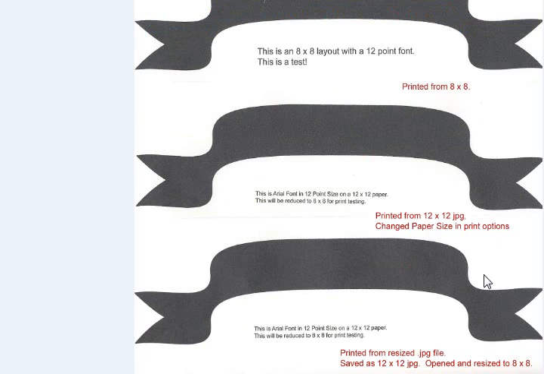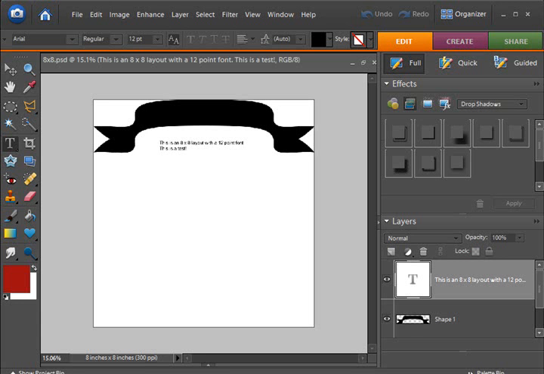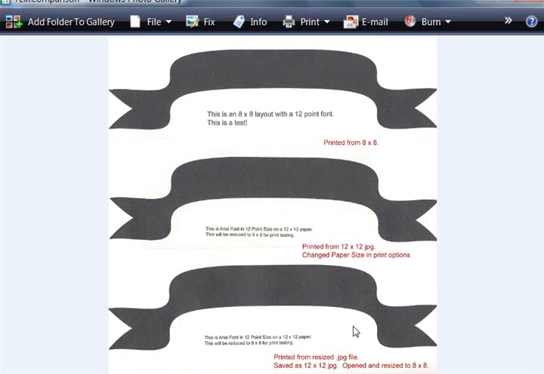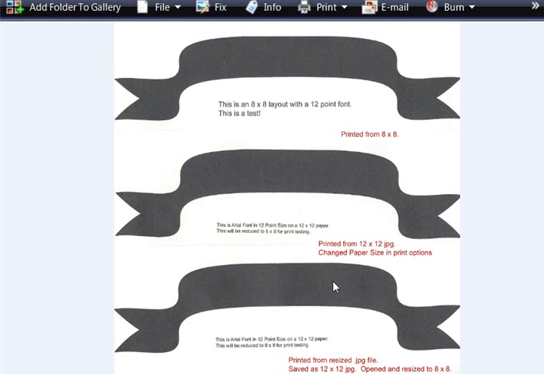So I'm not resizing the PSD files as we were doing when I was showing you here in Elements. I resized the actual JPEG file down to 8x8 and printed it out, and you can see it's the same size, if not smaller. I think though it's about the same size as this one.